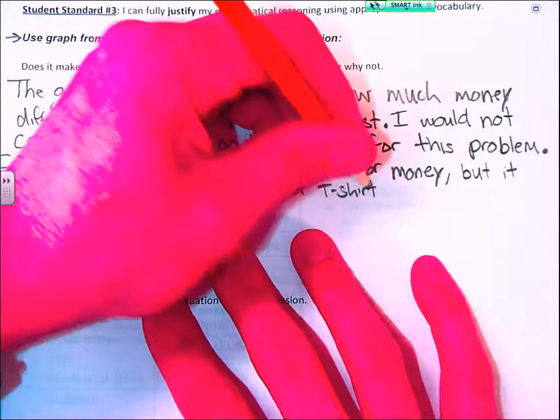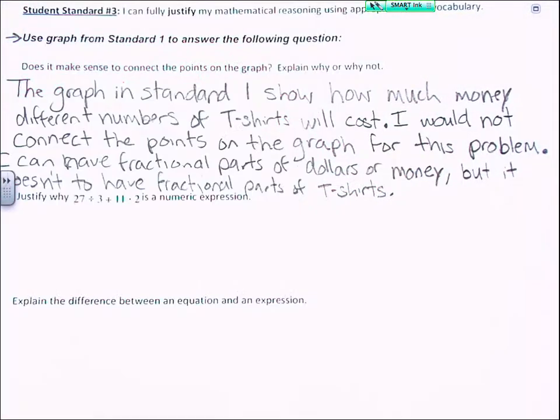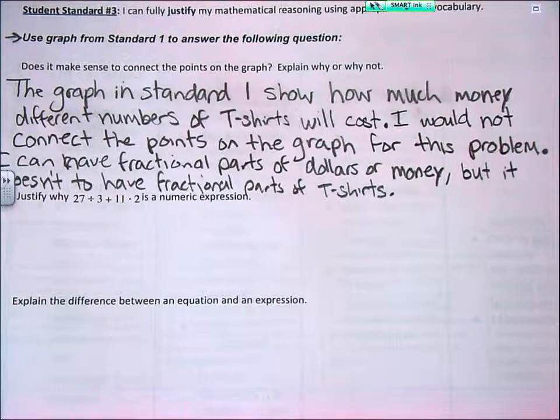You could have half of a t-shirt or a quarter of a t-shirt, but it really doesn't make sense when you think about it.